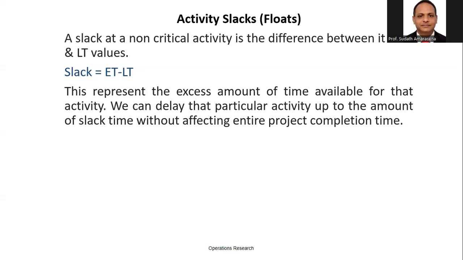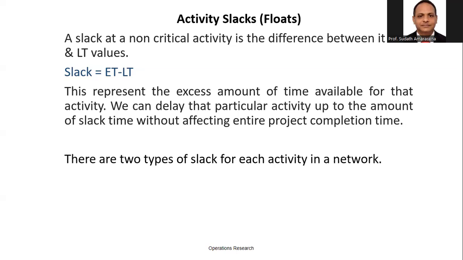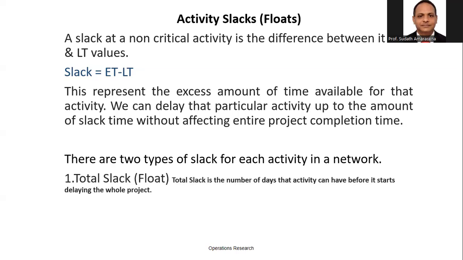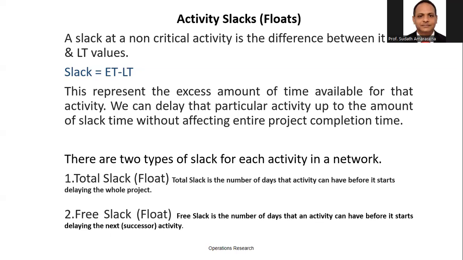When we talk about the slack time or float, there are two types: the total slack or total float, and the free slack or free float. The total slack is the number of days that an activity can have before it starts delaying the whole project. Roughly, it means how many days, months, or weeks we can delay.